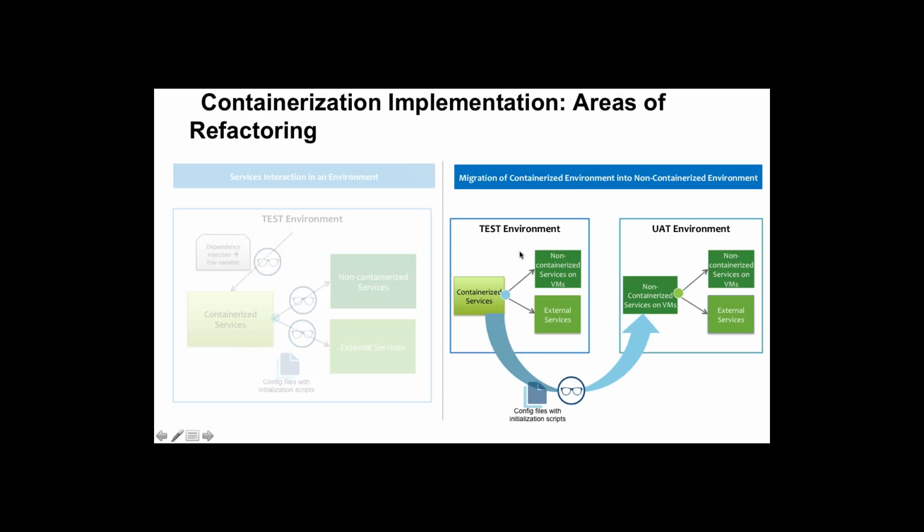So this next one talks about how do you move the artifacts, development artifacts, from a containerized environment to a non-containerized environment. So we did something called configuration files and initialization scripts that will get started with Docker containers.